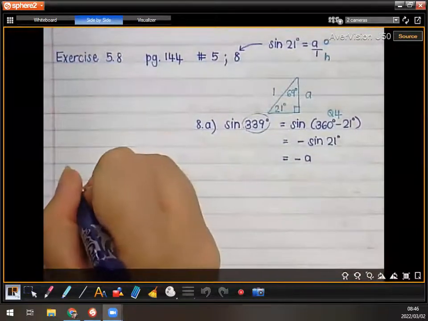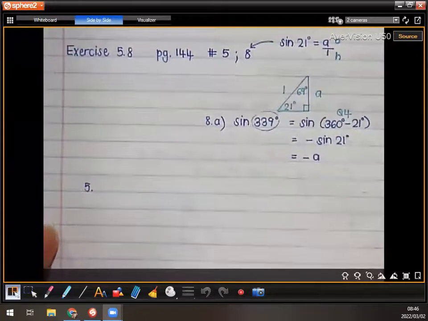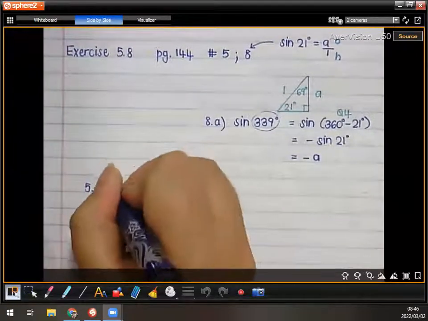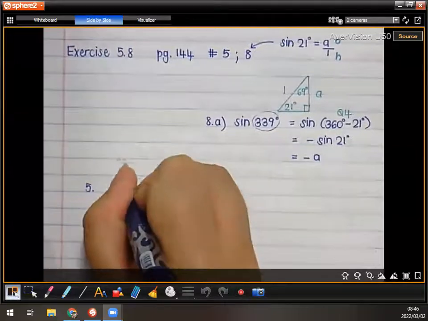Okay, I'll write down the 5 for you so that you can do that one now. It's just saying determine, and then you must calculate this one.